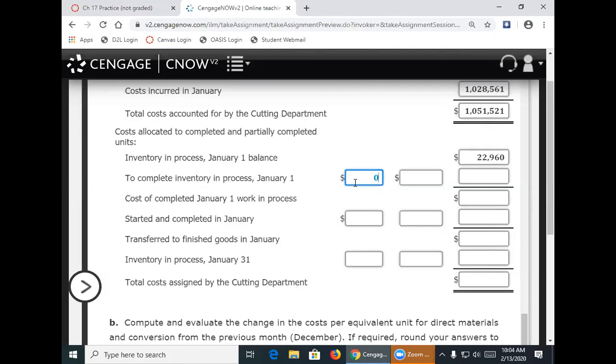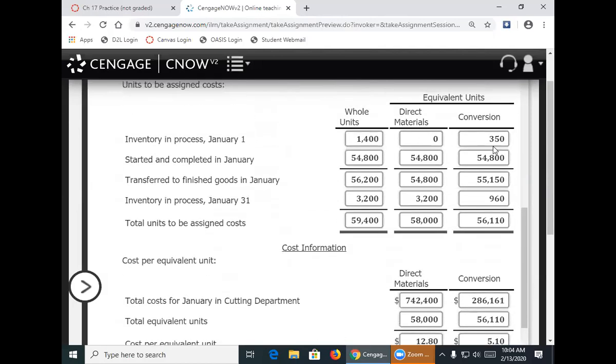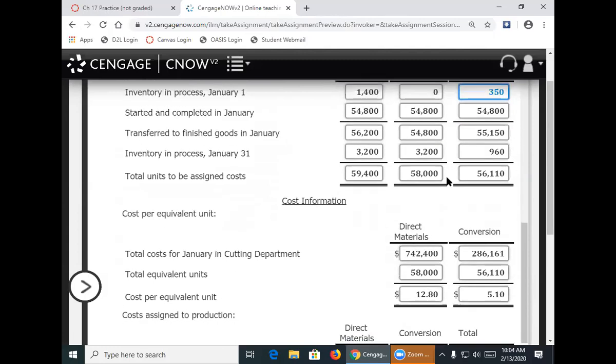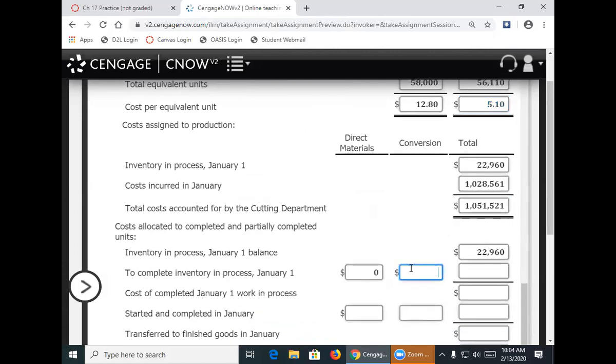And then conversion. In conversion, we have to do a little scrolling. That's the only problem. To finish up our beginning inventory, we needed 350 equivalent units. So I'm going to take 350 conversion units times the cost per equivalent unit of $5.10. That would be $1,785.